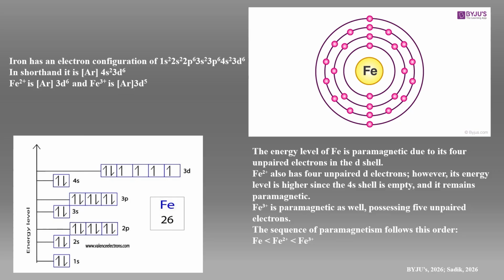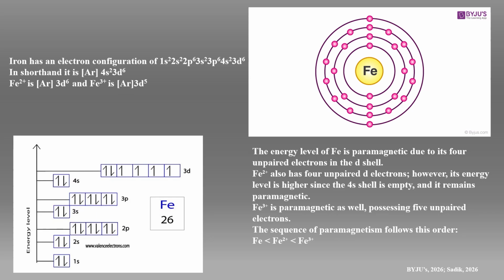For Fe3+, it is paramagnetic as well, but it possesses 5 unpaired electrons because it has donated 3 electrons. So the 4s shell and one of the 3d electrons has been donated.